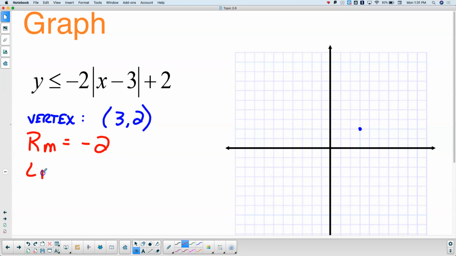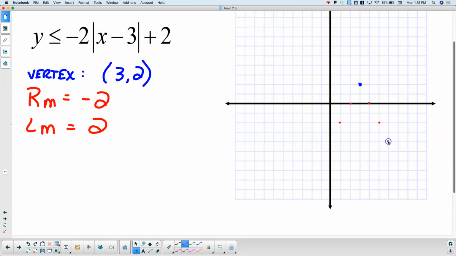My left side slope? Positive 2 then. Yep. So I'm going to go there and there, there and there, there and there. Solid or dashed line? Solid.